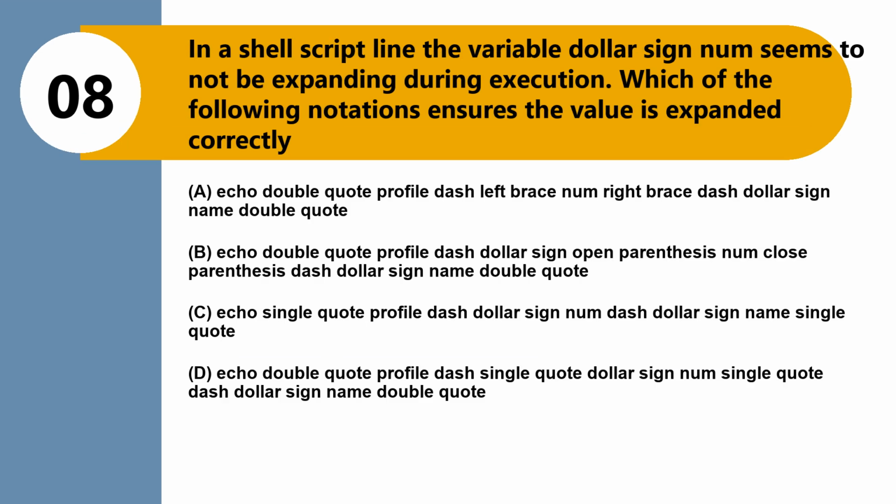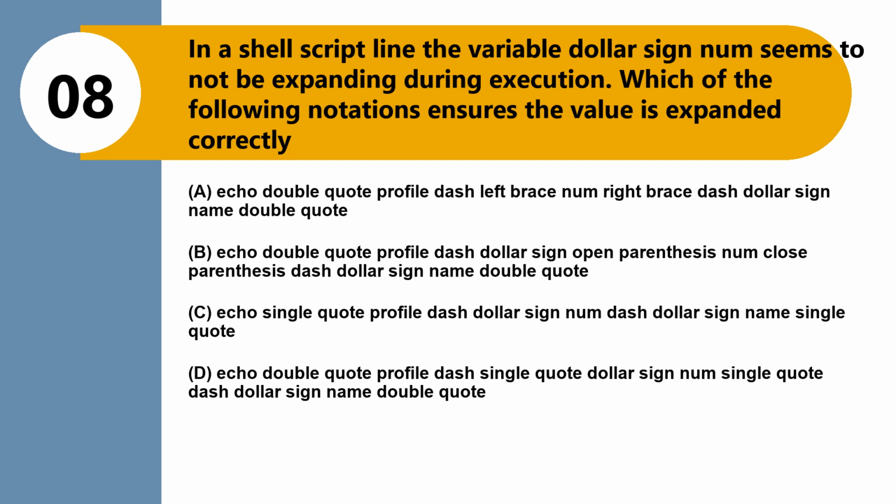Question 8. In a shell script line, the variable $number seems to not be expanding during execution. Which of the following notations ensures the value is expanded correctly? Option A, echo double quote profile dash left brace number right brace dash $name double quote. Option B, echo double quote profile dash $ open parenthesis number close parenthesis dash $name double quote.